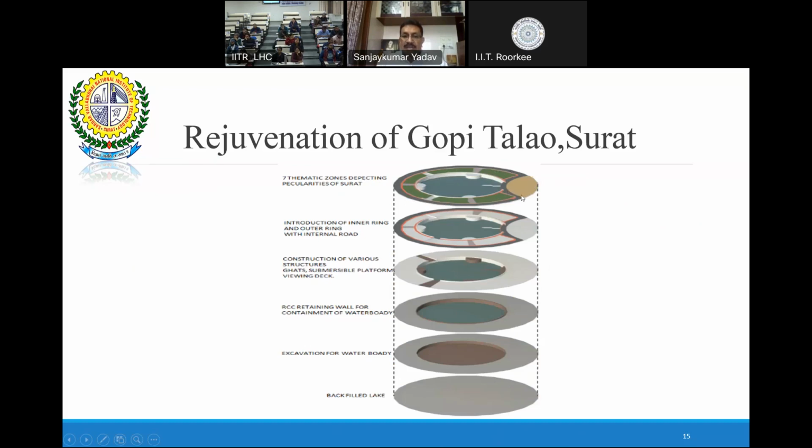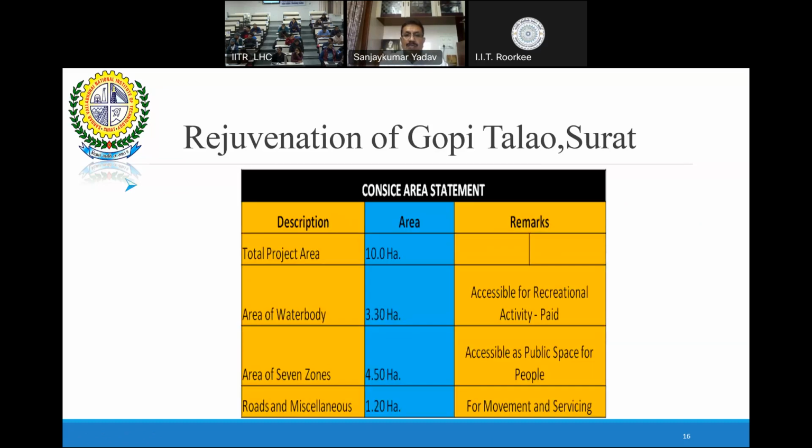This area has been developed, which you have seen, wherein in 2011 the encroachment was there, fully encroached, right, which has been removed, and such a beautiful lake has been created. So total project area 10 hectares, area of water body 3.30 hectares, area of 7 zones 4.50 hectares, and roads and miscellaneous 1.20 hectares.